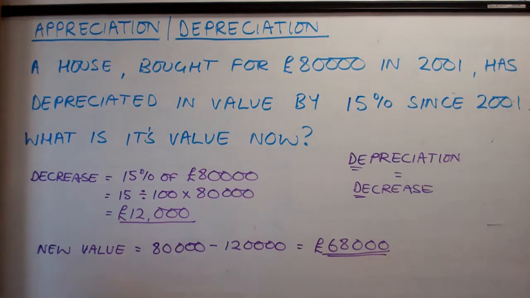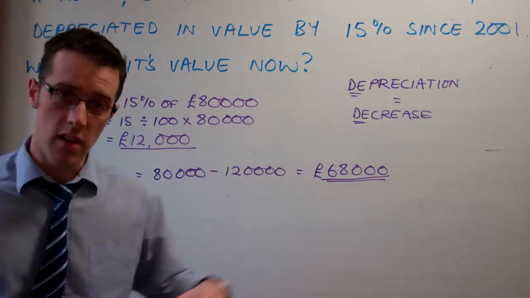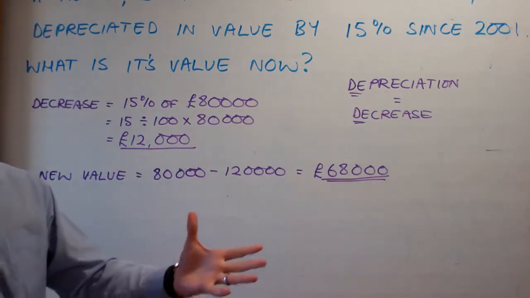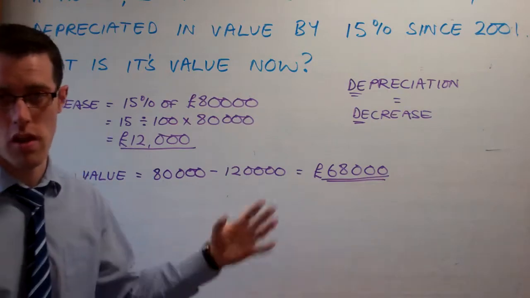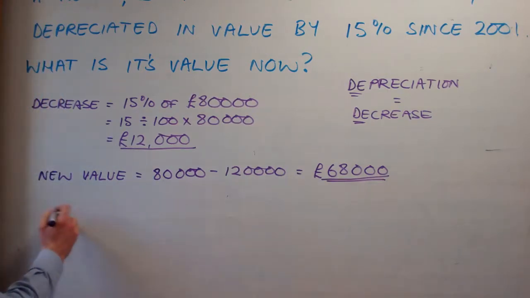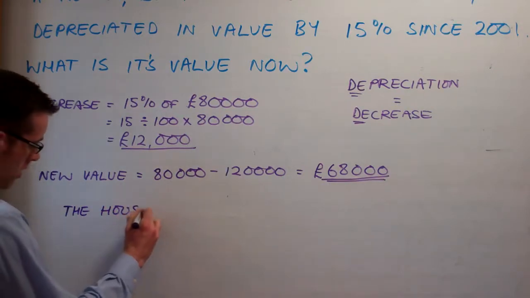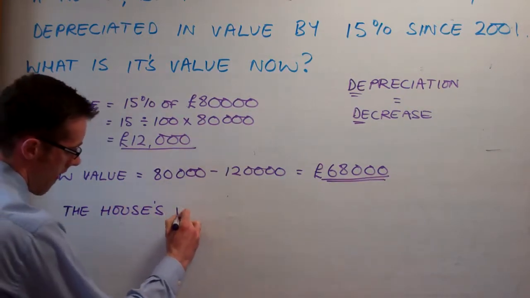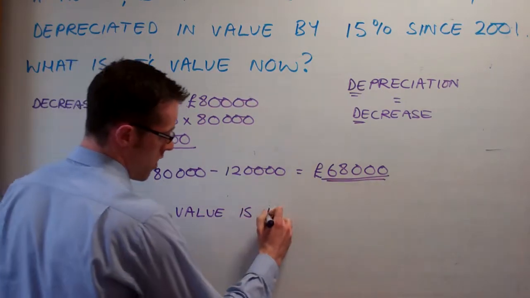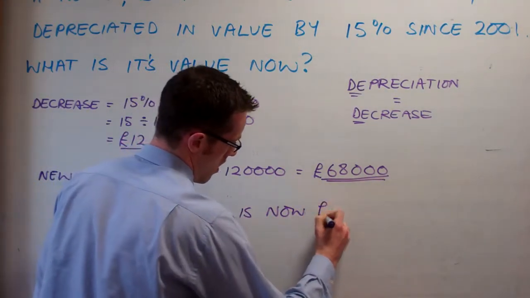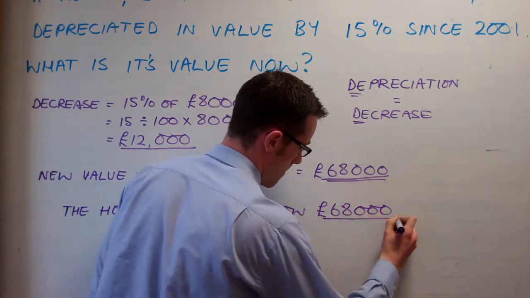£68,000. Again, the question was asked in a sentence or a little story, so we're going to show our understanding of that by writing down the answer in the same kind of way. The house's value is now £68,000.